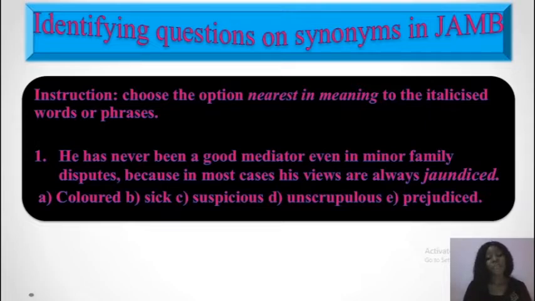Now what you're meant to do is to give words, to give other expressions from the list of options given to you that is nearest in meaning to the italicized word, so much so that the option you should choose should actually be able to fit into the sentence and mean the same thing as the italicized or the underlined expressions. Now let's look at how the questions appear.